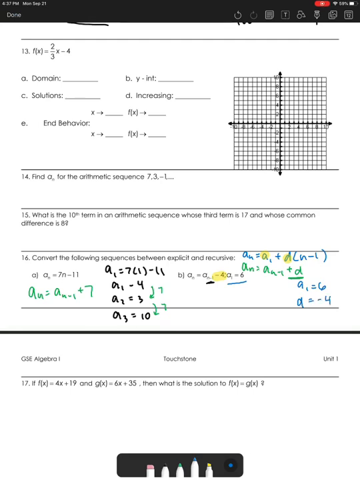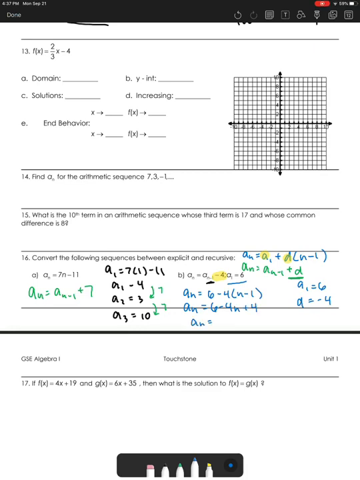So you need to rewrite your explicit formula with everything plugged in. So a sub n equals a sub 1, 6, plus, or in this case, minus, since our common difference is negative, minus 4 times n minus 1. And don't forget, we're always simplifying. So a sub n equals 6 minus 4n plus 4.